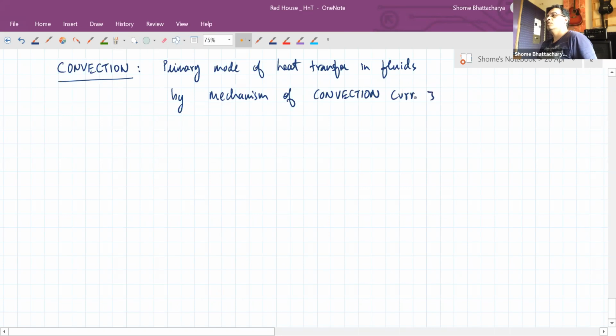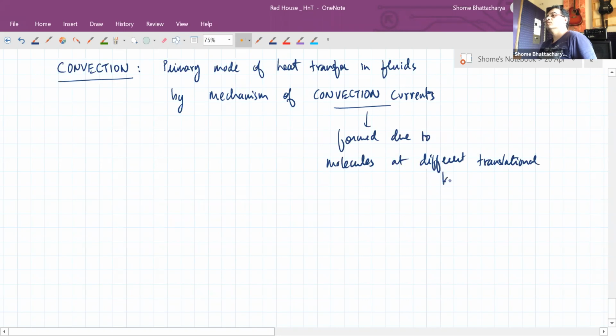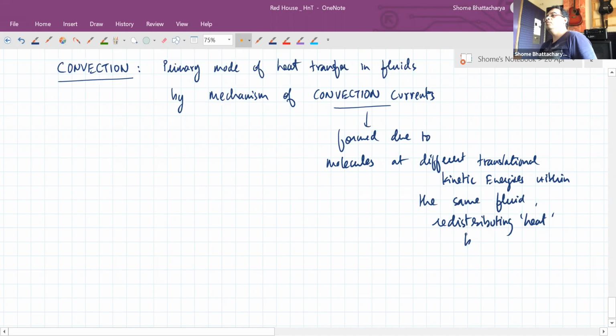Okay. So convection currents are formed due to molecules at different translational kinetic energies within the same fluid, redistributing heat within the fluid by collisions.